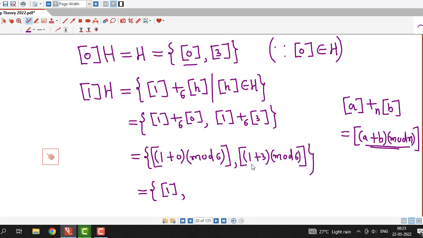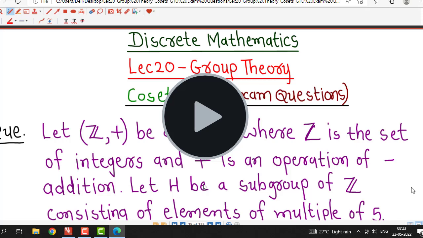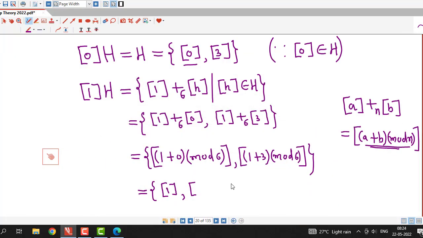Similarly, 1 plus 3 is 4, and when 4 is divided by 6, the remainder is 4.